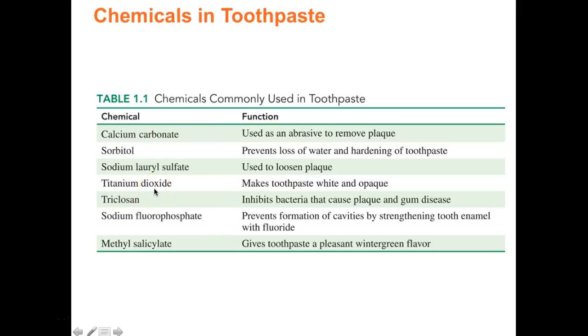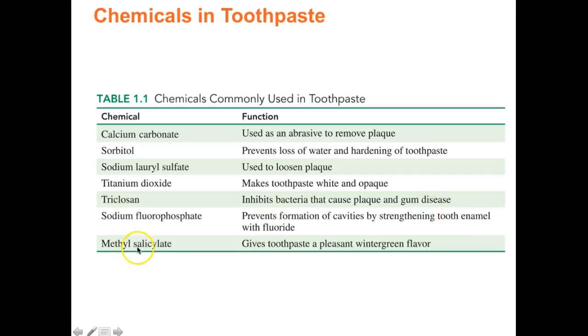Titanium dioxide is what makes the toothpaste white and thick, opaque to light. Triclosan is inhibiting growth of bacteria and therefore preserving shelf life of the toothpaste. Sodium fluorophosphate provides fluorides that are necessary to prevent cavity formation and to strengthen the enamel of the tooth.